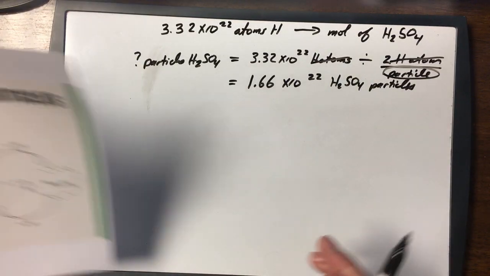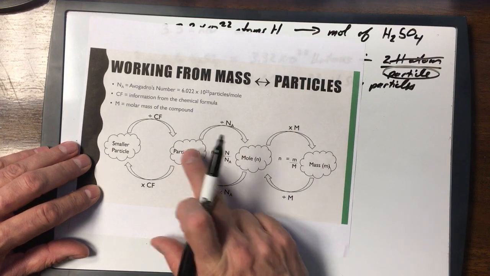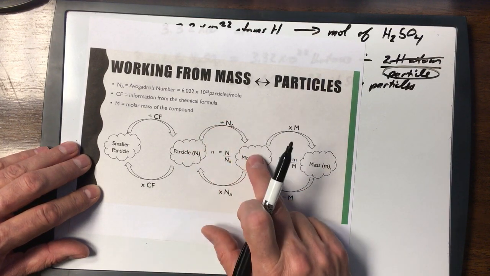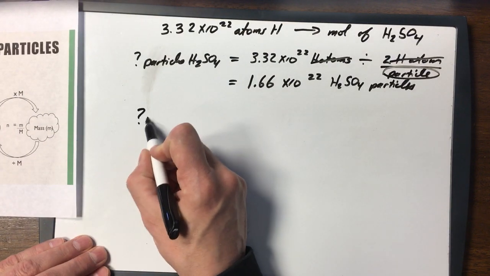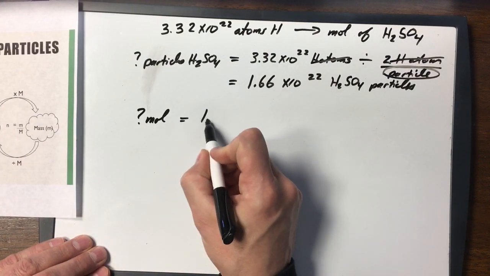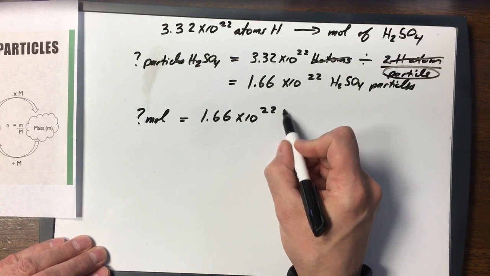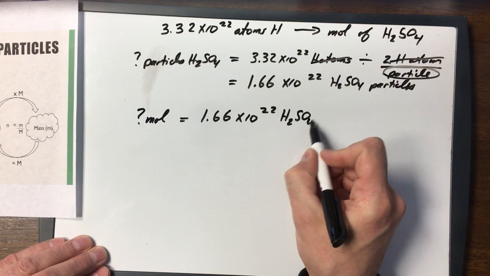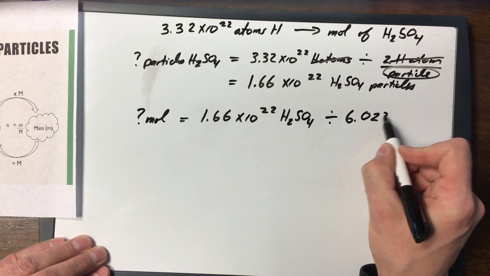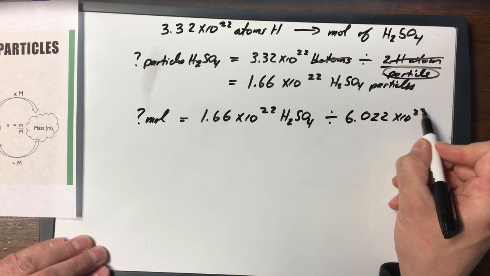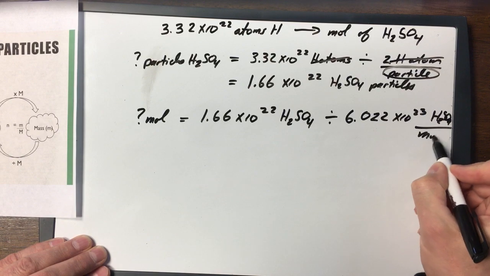Now that we have particles of sulfuric acid, we're then going to go to moles. We're going to use this road here. We're going to divide by Avogadro's number to convert that into moles. So we want question mark moles is equal to 1.66 times 10 to the power of 22 H2SO4s, and we're going to divide that by 6.022 times 10 to the power of 23 H2SO4 particles per mole.